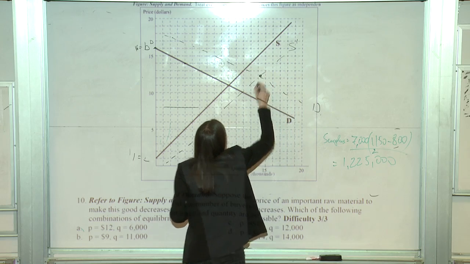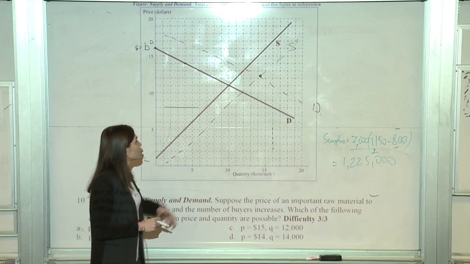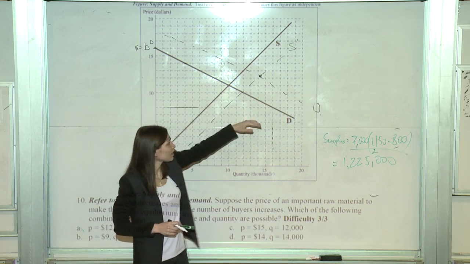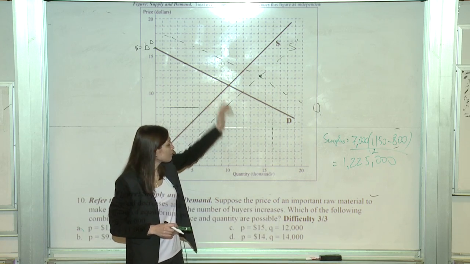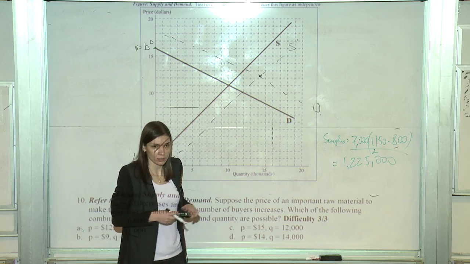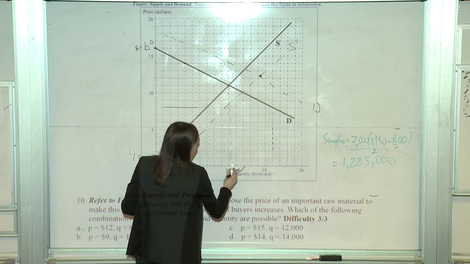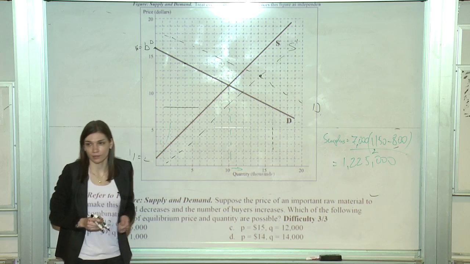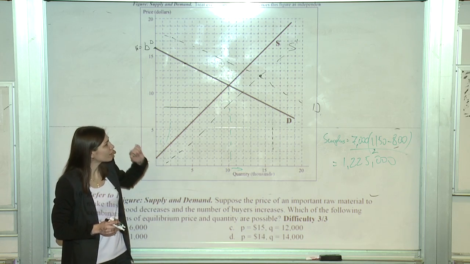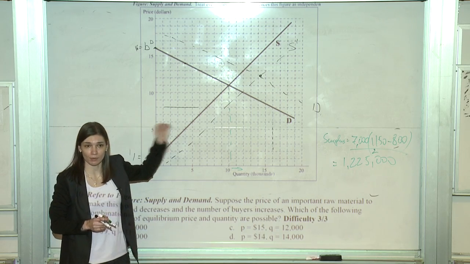All right, so here's where I ended up, the way I drew it. What we know for sure is that since both the demand and the supply curve increase, the quantity in equilibrium is going to go up for sure. So we know that the quantity is going to be higher than the original quantity of 10. However, the effect on the price is going to be ambiguous.